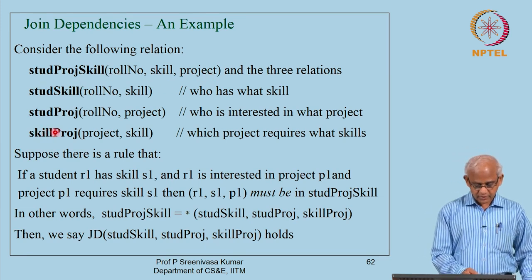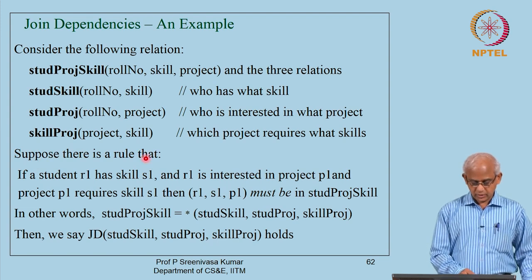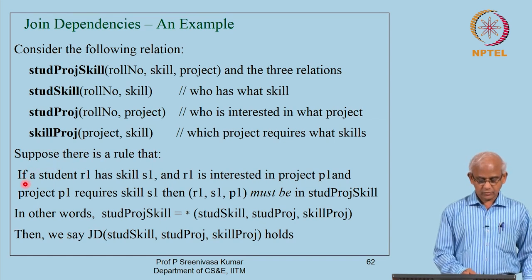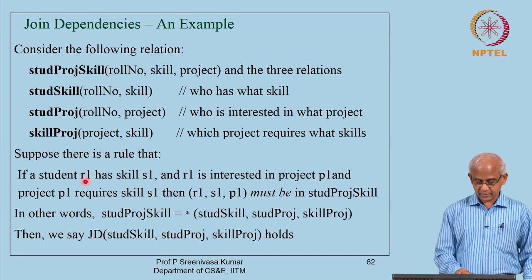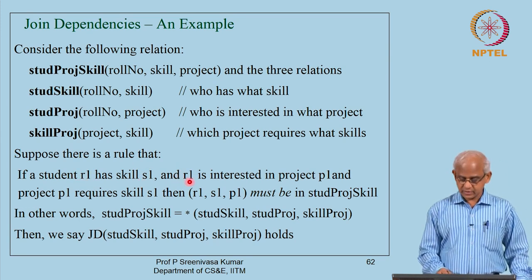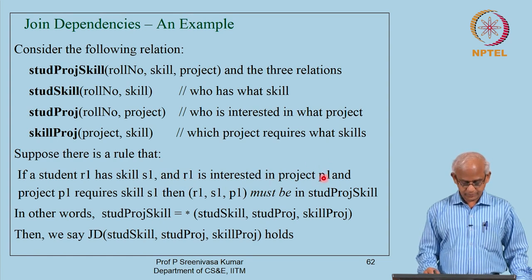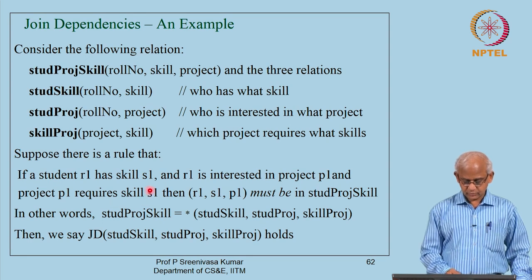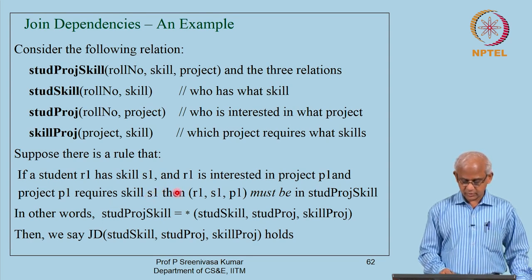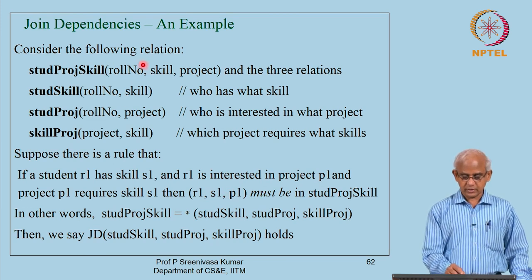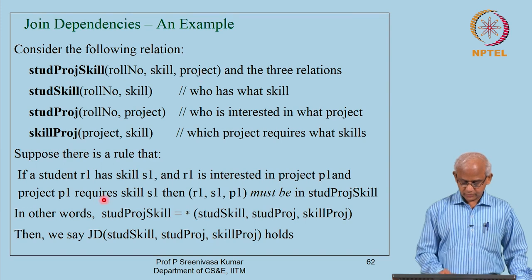Now, these are the three individual relations that can be considered within this context. Let us say there is a particular rule that prevails, which says that if a student R1 has a skill S1 and the student R1 is interested in project P1 and project P1 requires the skill S1, then R1 S1 P1 must appear in our student project skill relation.